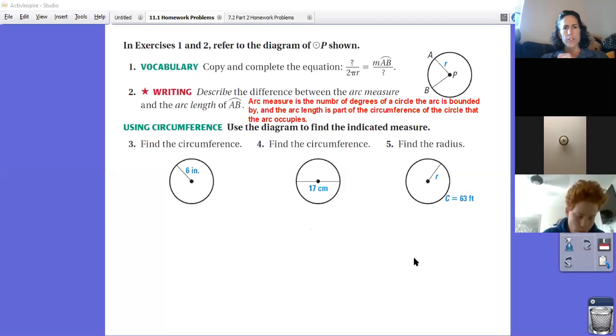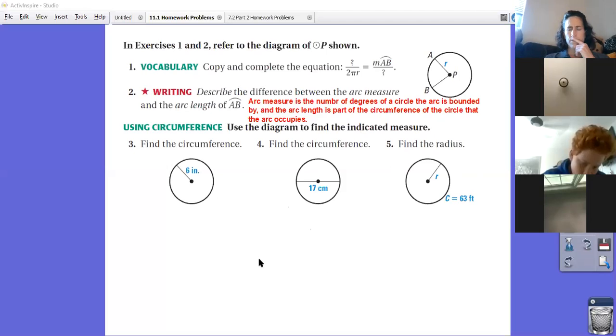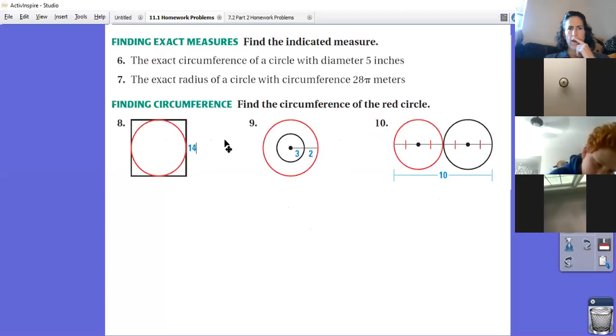All right, do we have any questions on 3, 4, or 5 that need to be worked out, or anybody wants to check their answers? I can tell you what the answers were. We good on those? Never mind. All right, we're good with those? Okay. All right, what about 6, 7, 8, 9, 10?